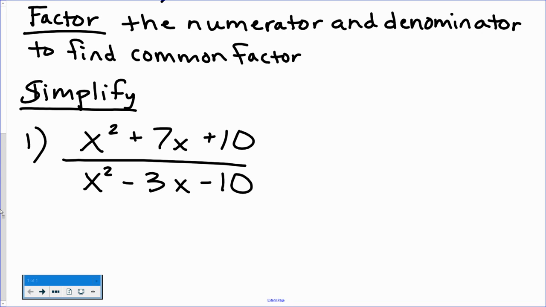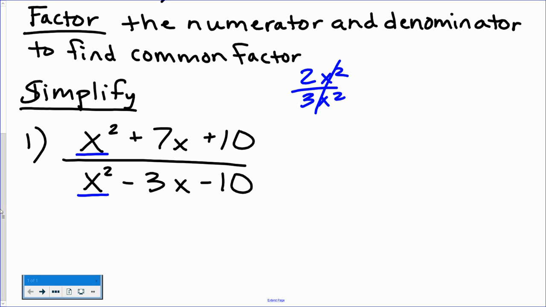All right, so some students might start slashing things out and they notice there's an x squared on top and an x squared on the bottom, and they think they can cross those out and divide those. You cannot do that. If I had 2x squared over 3x squared, sure, I can cross those out and divide those. Okay, some of you might not see any difference between what I have up top and what I have here for my example.